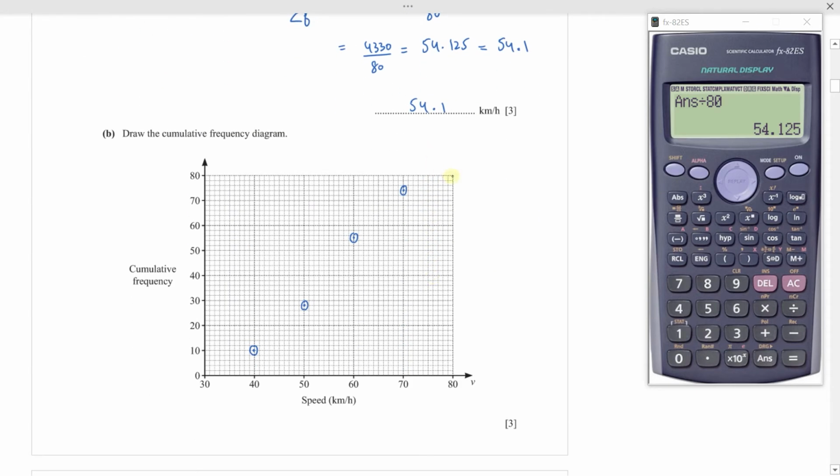So 80 and 80 will be this point here. So now I can join them together to form my cumulative frequency curve. So this is how your cumulative frequency diagram will look.